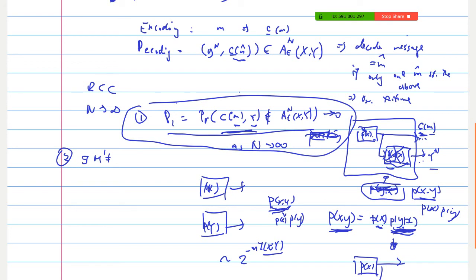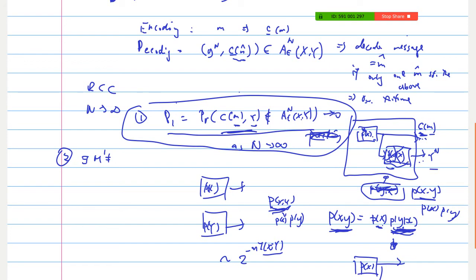Because in that case, how you define something to be jointly typical is essentially that they are independent. No, here we still have p(y given x).